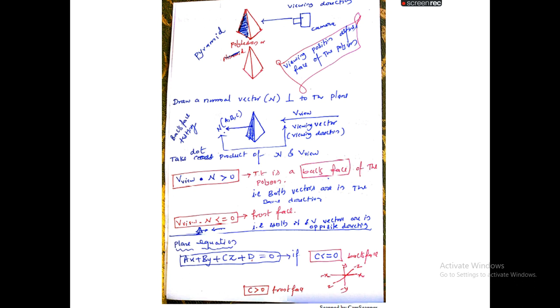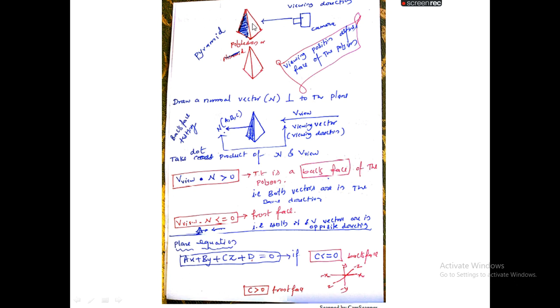If you take the dot product of the viewing vector and the normal vector n, and the result is either less than or equal to 0, it means that it is a front face of the polygon. So please see the mouse pointer.